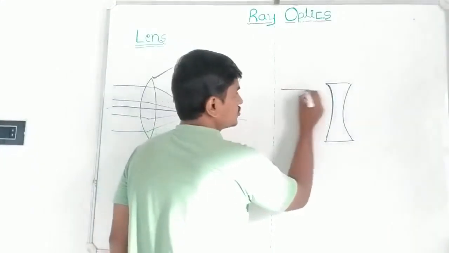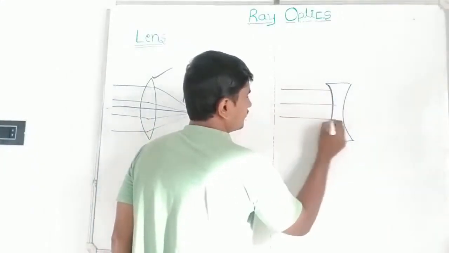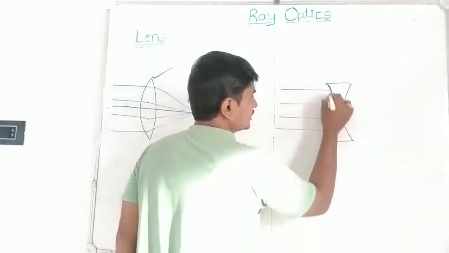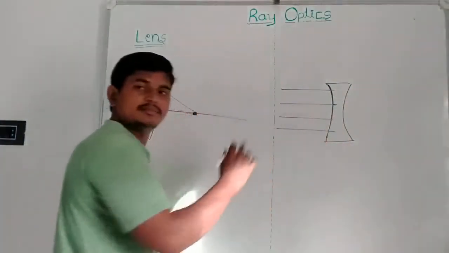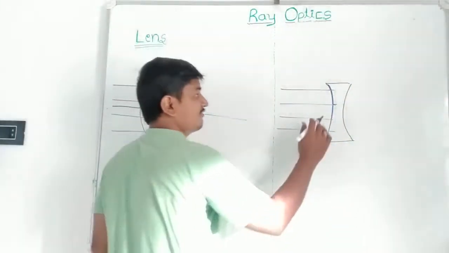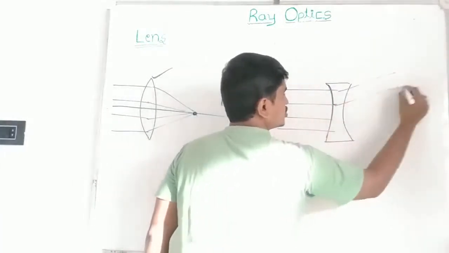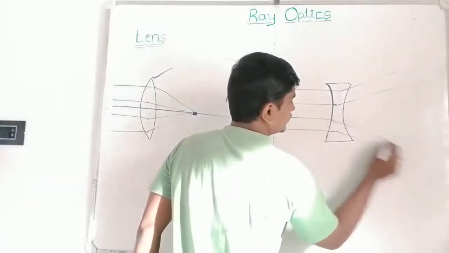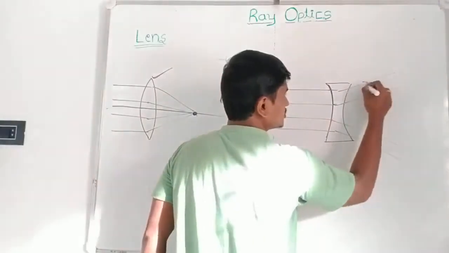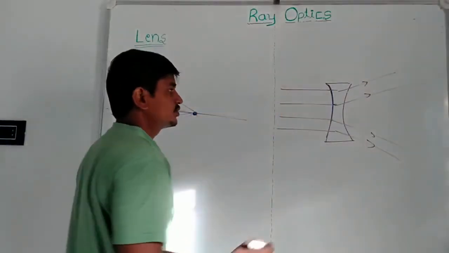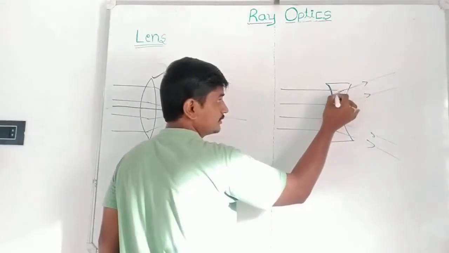It is also called a diverging lens. Here, when a parallel beam of light undergoes refraction, the rays diverge.